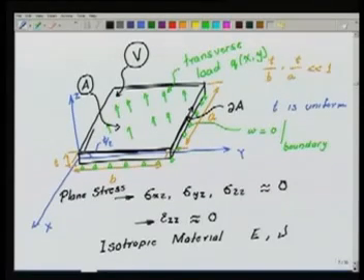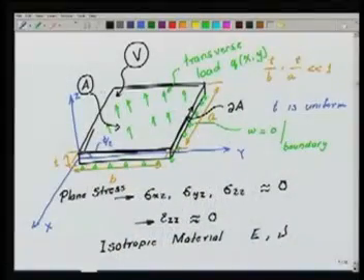So this is the naming convention we are going to follow. The whole volume of the plate is V, the projected area of it is A, this is the same through the depth, and the bounding contour of the area is called delta A.